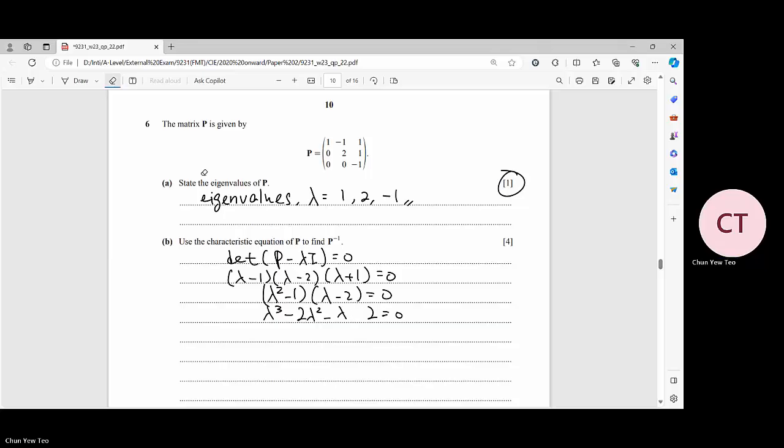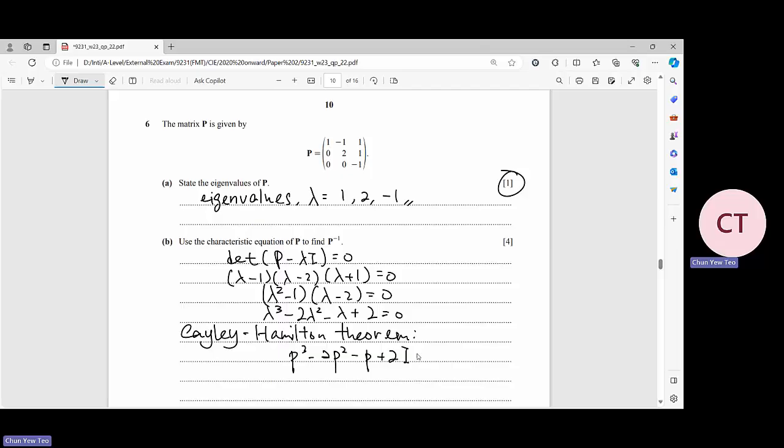So from Cayley-Hamilton theorem, we change lambda to become the matrix P. So you get P cube minus 2P square minus P plus 2I is equal to 0.